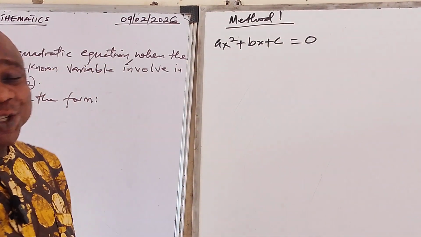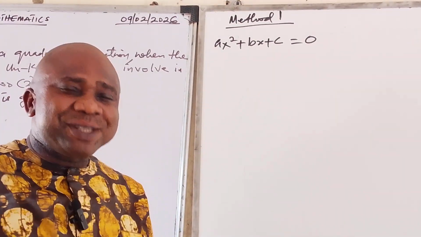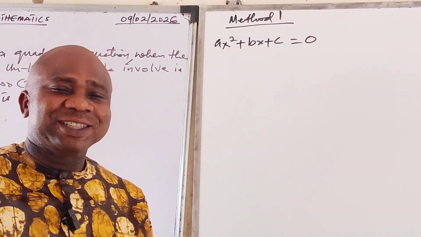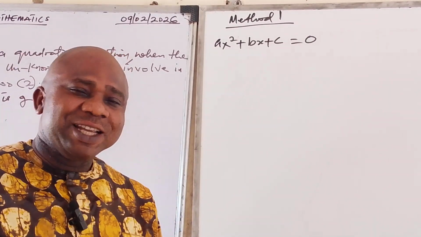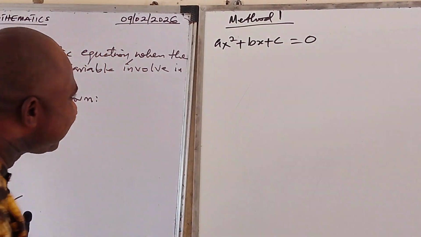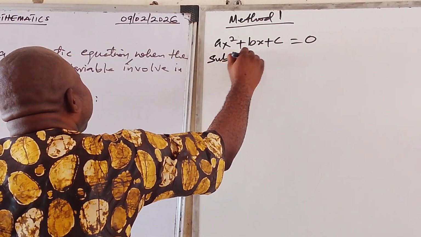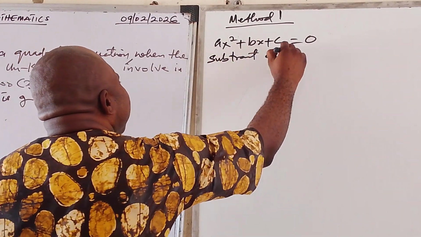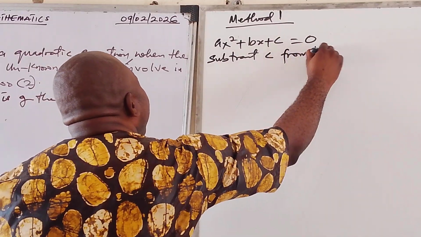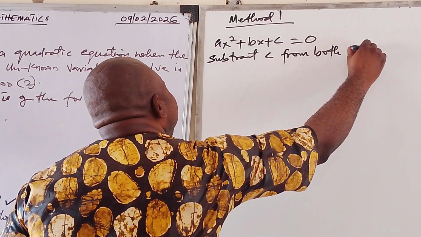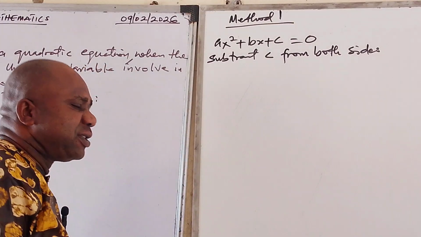So in using the completing the square method, there are steps that we must follow. Now, step number 1, we have to subtract c, which is the constant, from both sides.